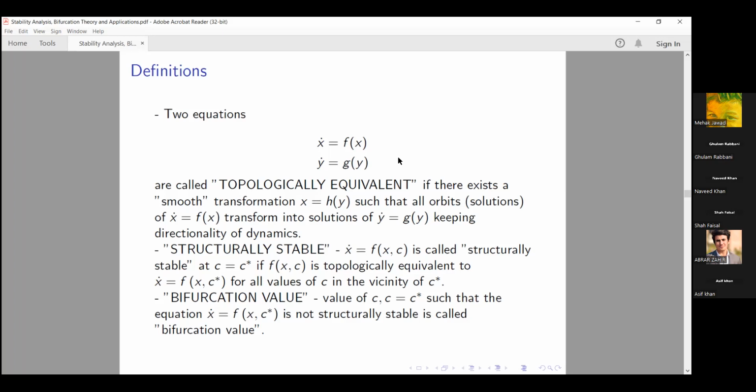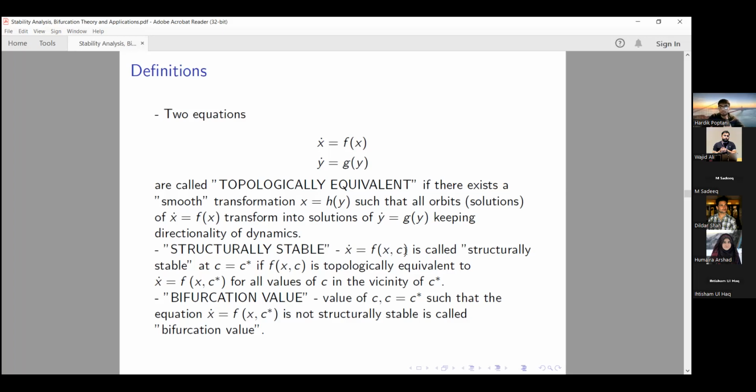Like, let's say g of y has something like this, but then you can rewrite x in the form of h of y, not exactly the same, but there will exist an isomorphism to h of y. So for structural stability, consider x dot equals f of x and c, where c is a parameter.